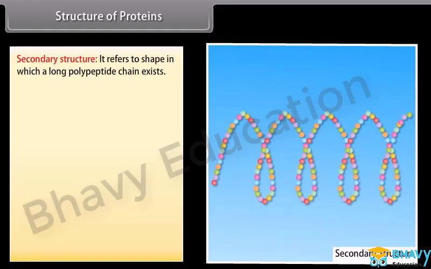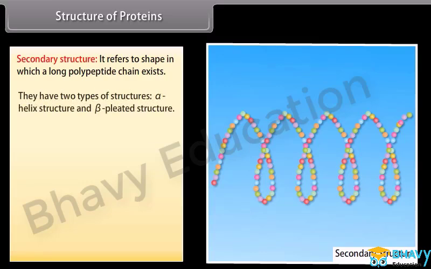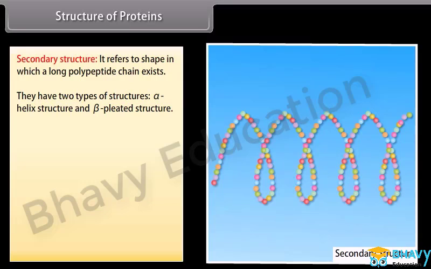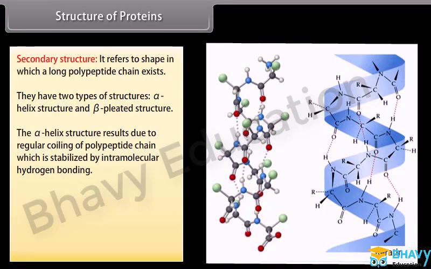Secondary structure. It refers to shape in which a long polypeptide chain exists. They have two types of structures, alpha helix structure and beta pleated structure. The alpha helix structure results due to regular coiling of polypeptide chain, which is stabilized by intramolecular hydrogen bonding.